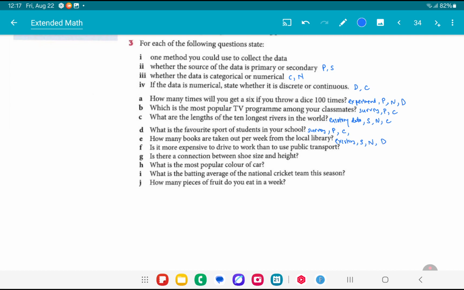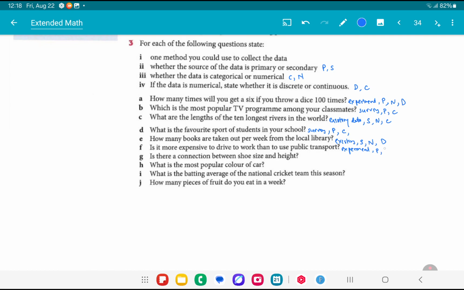Is it more expensive to drive to work than to use public transport? We will ask people how they feel about the price. So this one we will use survey or experiment. Maybe we choose using experiment. We will try it by ourselves and using it as a primary data.